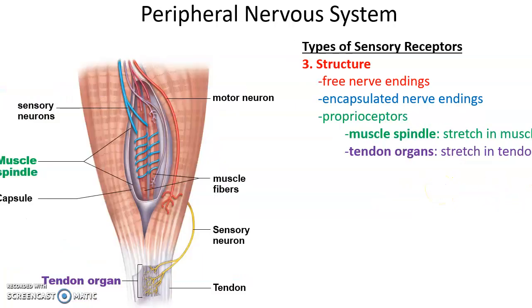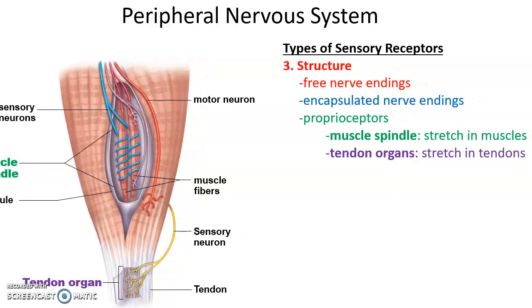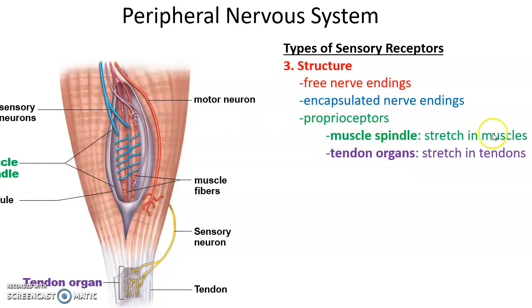All right, the structure of receptors also includes the proprioceptors. So we have the muscle spindles that are found in muscles and tendon organs that are found in tendons.